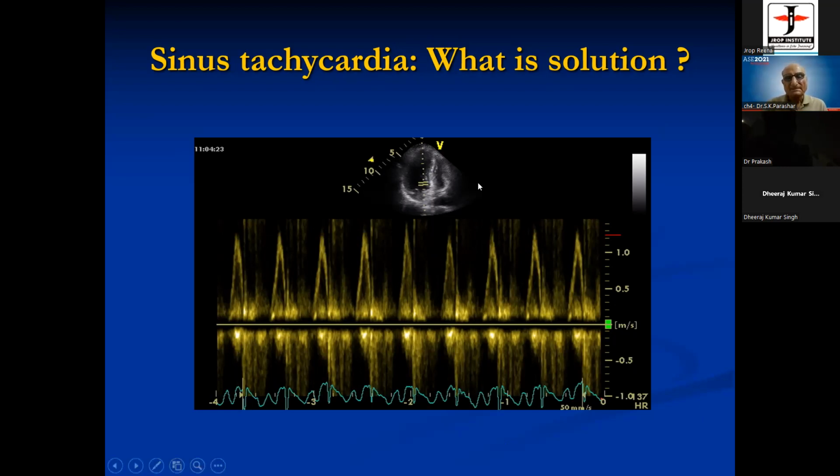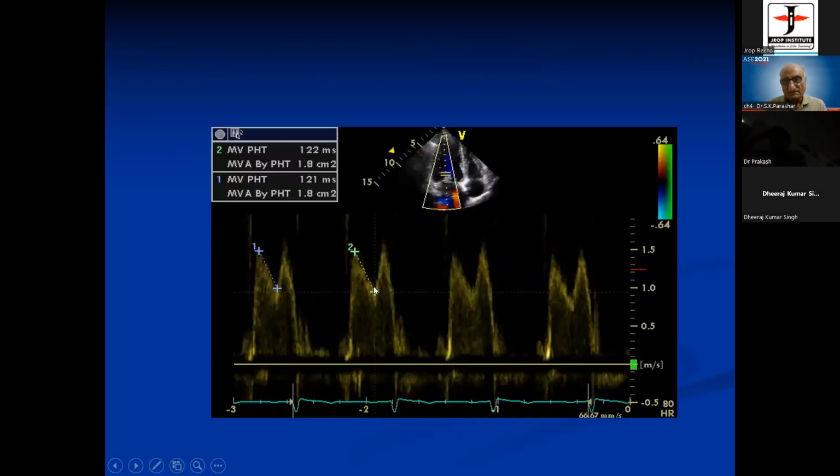So you call them at a time when you are already doing an echo, after giving them 25 milligrams of beta blocker in the night and 2 hours before they come to the lab, and if they are very anxious, give them some sedative. The effect of these two will be that you suddenly get a good slope.